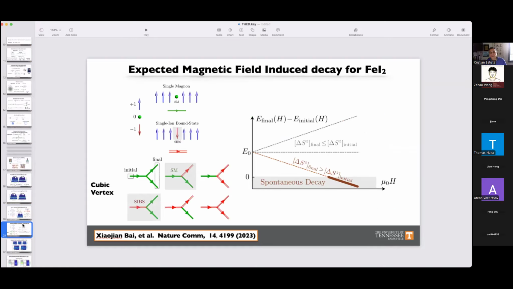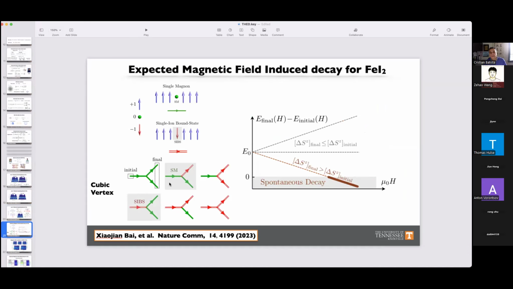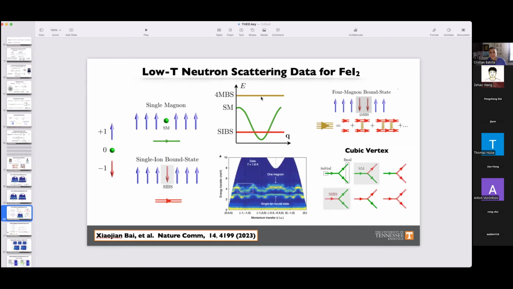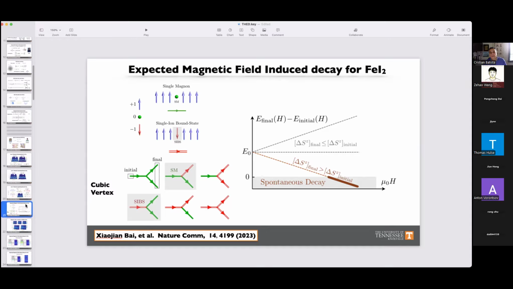In particular, all these vertices become relevant when you apply a magnetic field, because in a magnetic field this two-magnon bound state can go down fast as a function of field and start crossing this region. Moreover, you can have these modes entering the continuum of lower energy modes because you split them, and you start observing spontaneous decay and formation of bound states that are close in energy to the single particle modes.